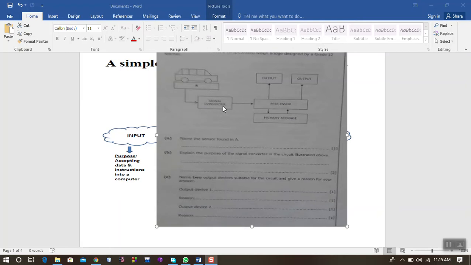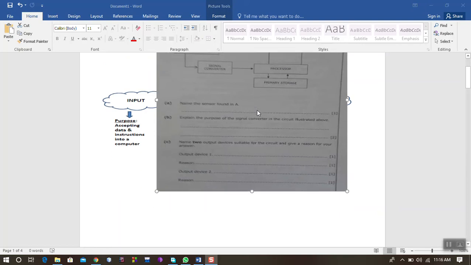It's one and the same thing, because the weight sensor is sending an analog signal, and before it can go into the microprocessor, it's supposed to be converted to digital. So its main function simply is to convert analog to digital. I believe now you can understand that.